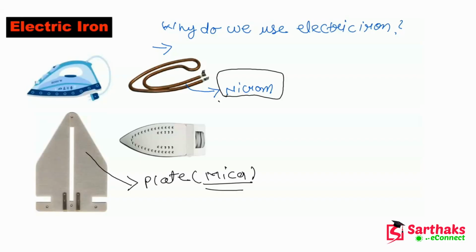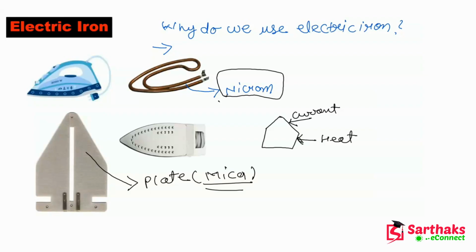So if you are passing current inside it, it will resist it. But if you are passing heat inside it, it will not resist it. It will let the heat pass.